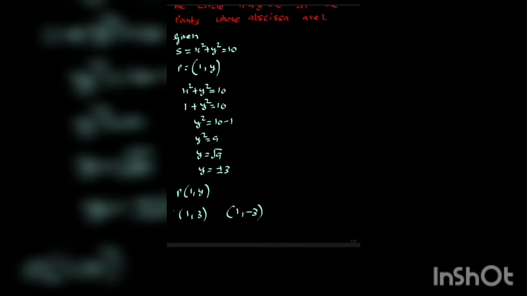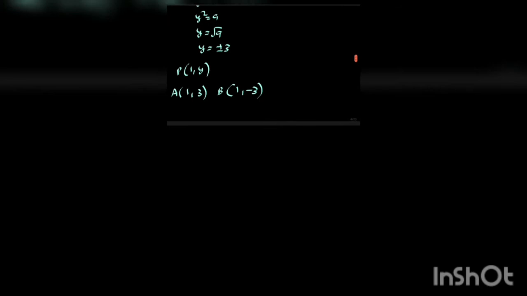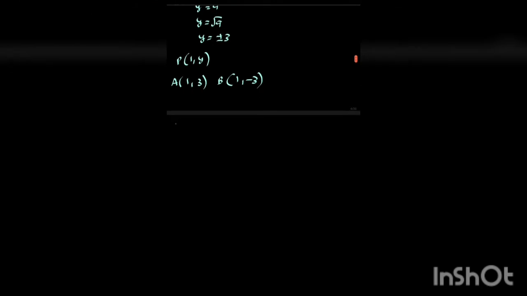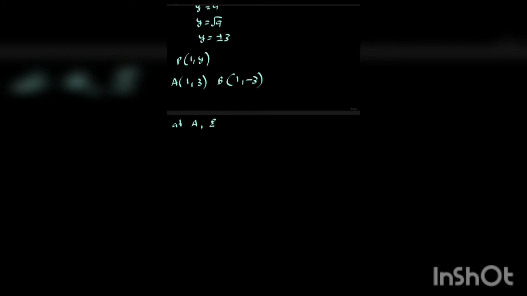Name them as A and B. So first at A, the equation of tangent is, so first take point A and find the equation of tangent, and next take point B and find the equation of tangent.